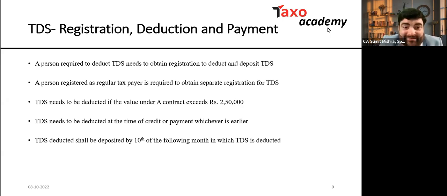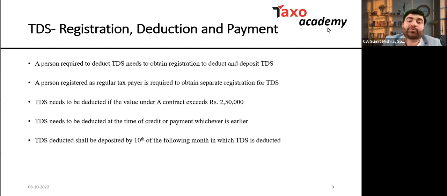In that category, there are taxpayers who are supposed to deduct TDS. For example, I am taking a supply from a person supplying exempted goods all the time. On that particular transaction, I am not supposed to deduct TDS. If I am not supposed to deduct TDS, I am not supposed to take TDS registration.